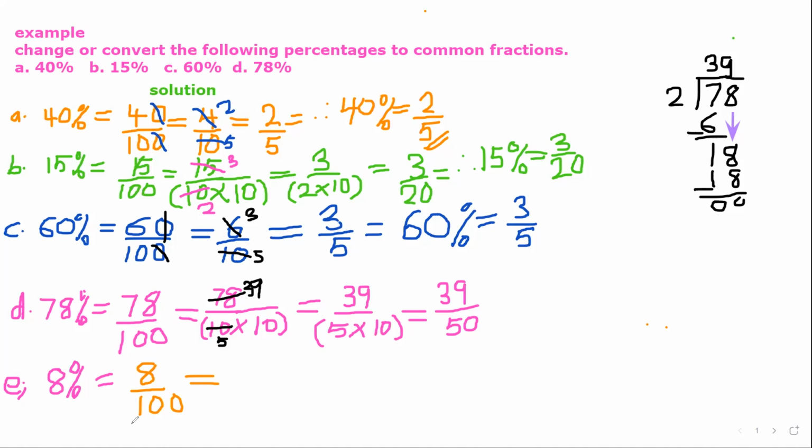It's very important to simplify the 100 to get 10 times 10 so that the cancellation will be easier and simple for you. Now you have the 8 out of the 100 that you are going to simplify. You put them in a bracket, which will be 10 times 10. Okay, 10 times 10 is the same as 100 here.